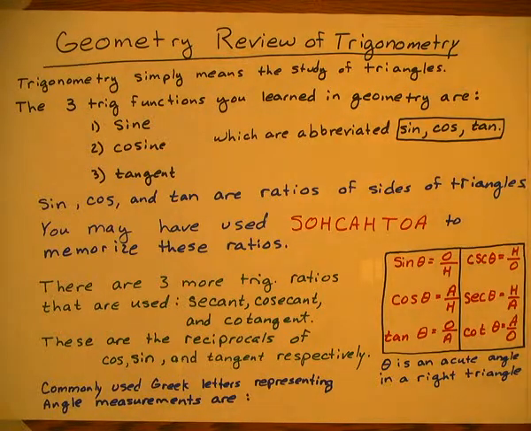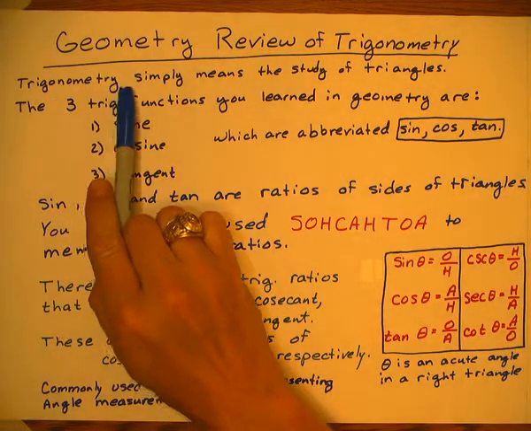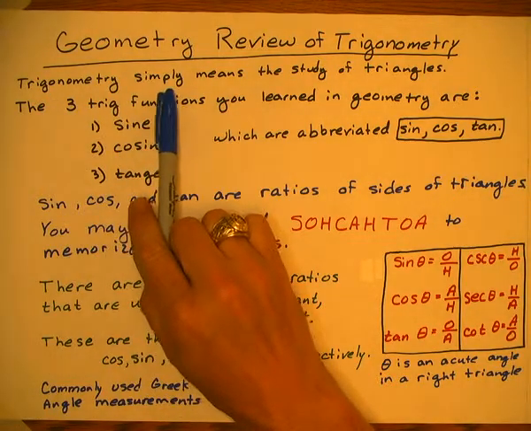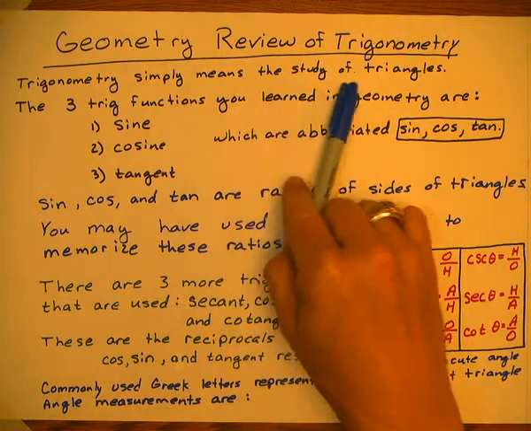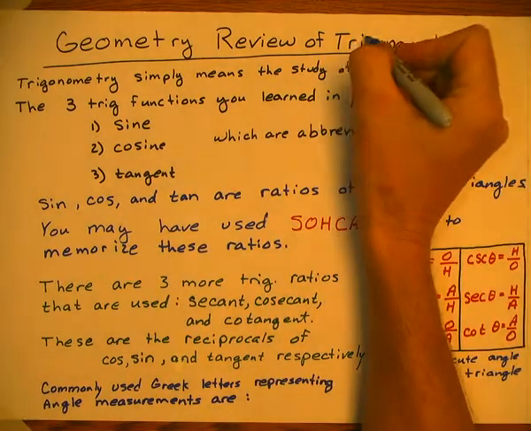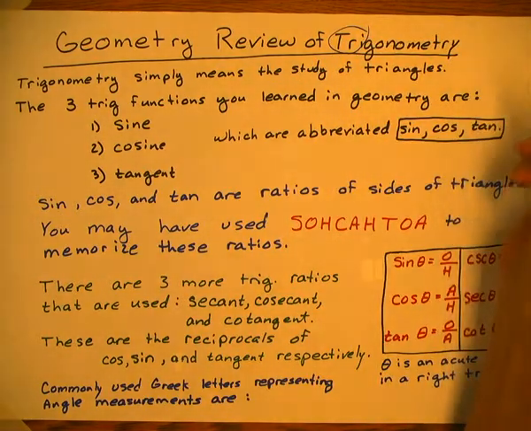Okay, today we're doing a little review of our right triangle trigonometry that you learned back in geometry. So, trigonometry, what is it? Trigonometry simply means the study of triangles, TRI being 3.